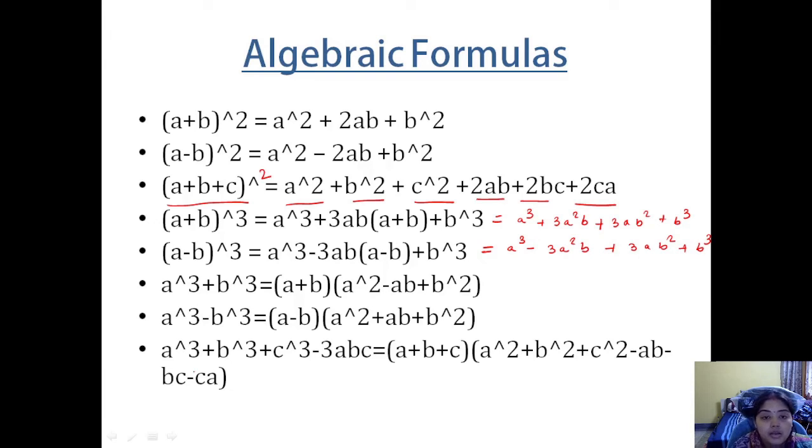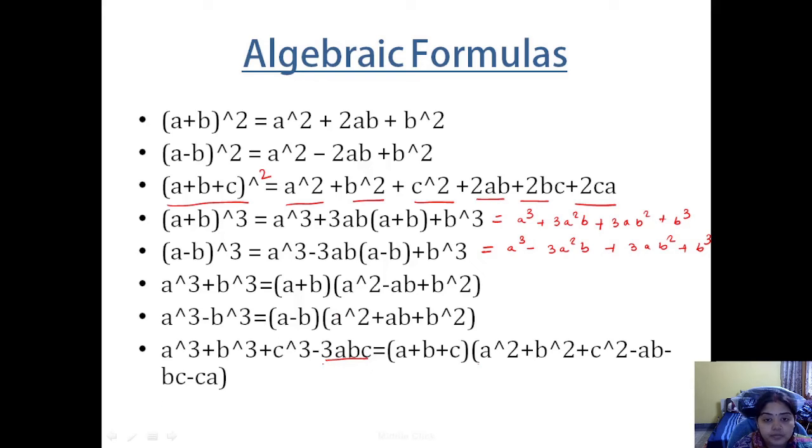Here we also have the formula for a cube plus b cube, which is (a plus b) into (a square minus ab plus b square), and a cube minus b cube is (a minus b) into (a square plus ab plus b square). And this is a formula for cube: a cube plus b cube plus c cube minus 3abc is equal to (a plus b plus c) into (a square plus b square plus c square minus ab minus bc minus ca).